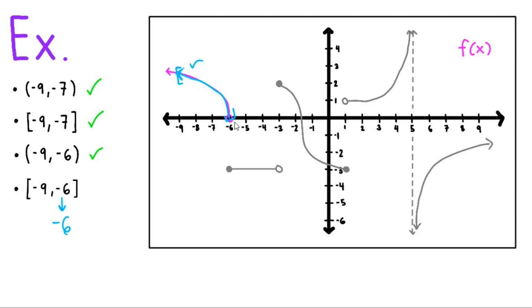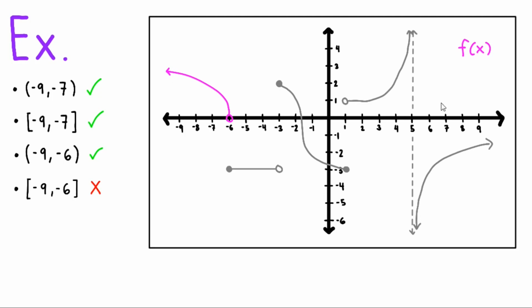But from the left of -6 out here, we'll have problems since the limit approaches this point, but the function value is at this point. So we'll have a problem with the limit from the left of -6. So on this closed interval, f is discontinuous.